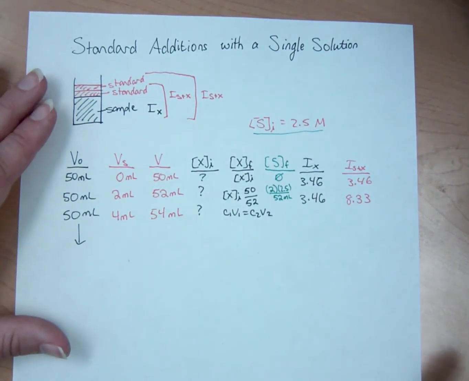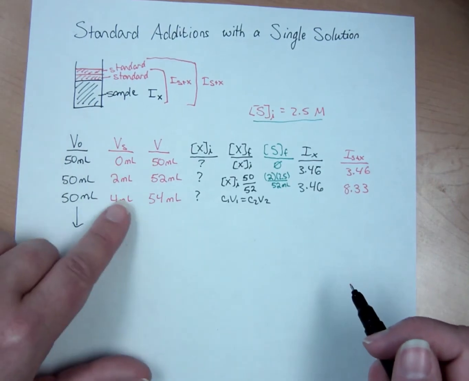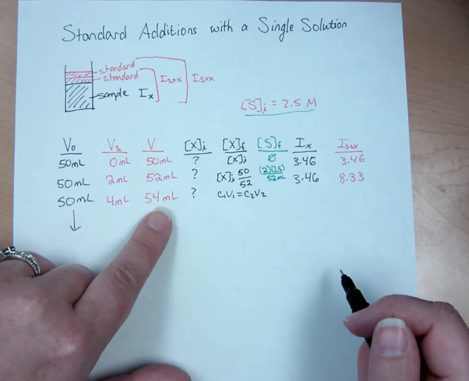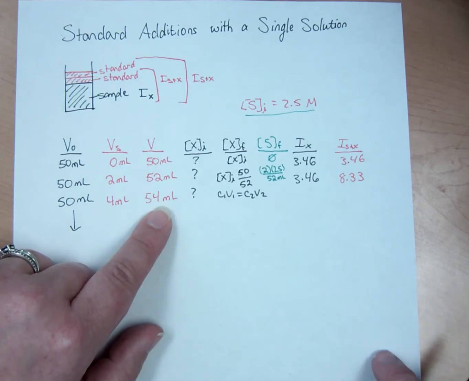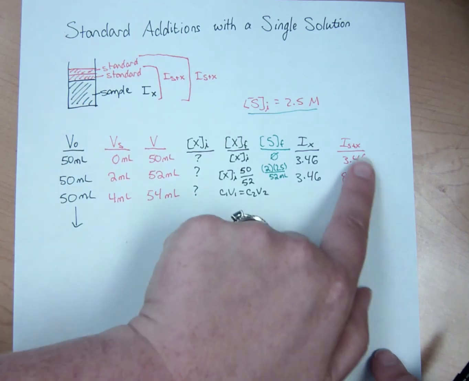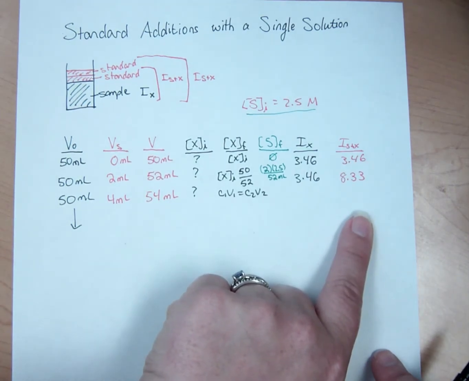So as we go, what values are changing? Our volume of the standard is changing, our volume of the solution is changing. These concentrations will change based on the volumes, and this measured value will change for the instrument.